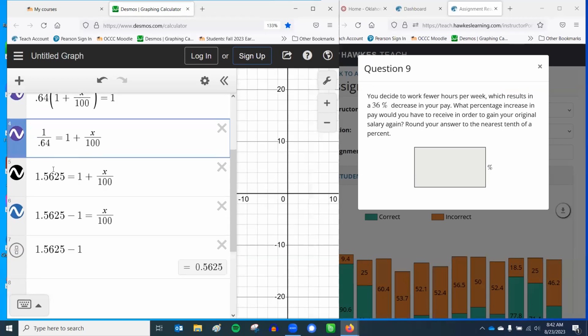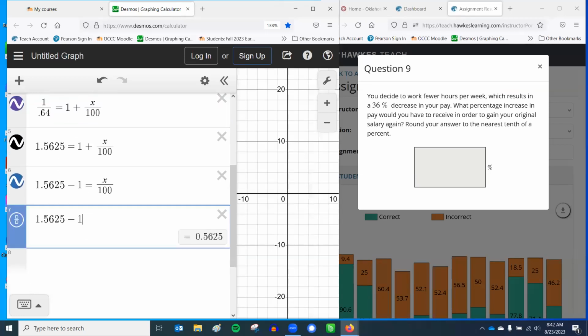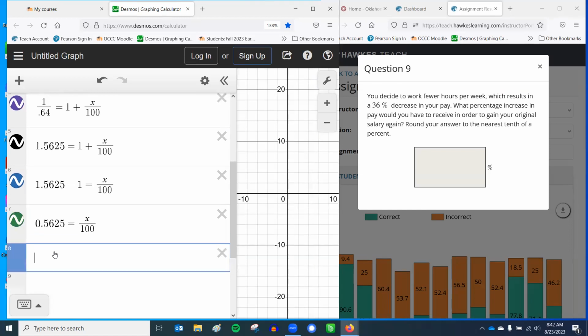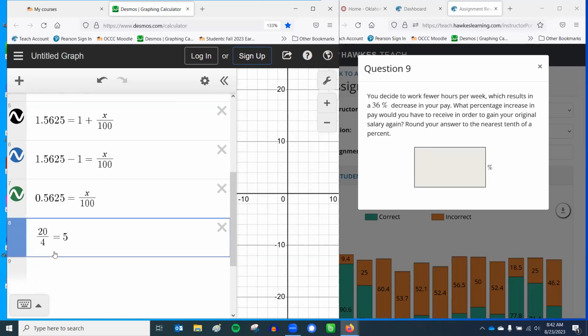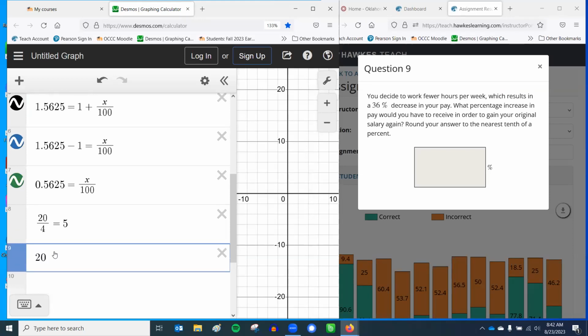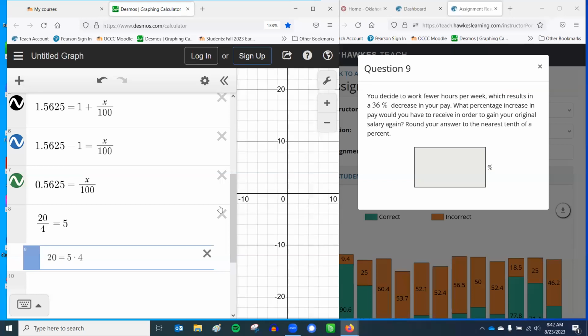So just to kind of show you where the numbers came from. So this is 0.5625 equals x over 100. Right. And our division and multiplication rule works either way, right? So 20 over 4 equals 5 can be written as 20 equals 5 times 4. You can rewrite divide as a times or times as a divide as long as the numbers aren't zero.